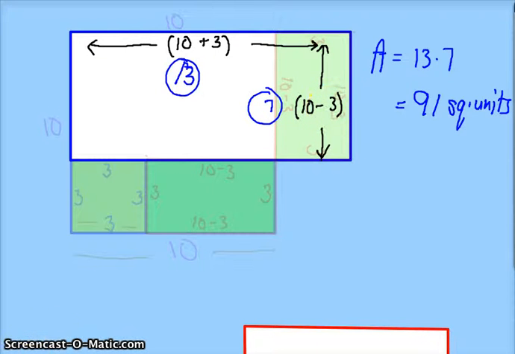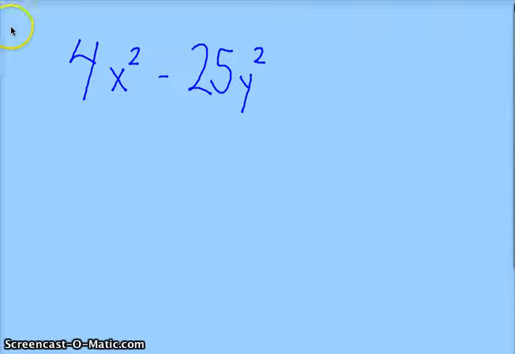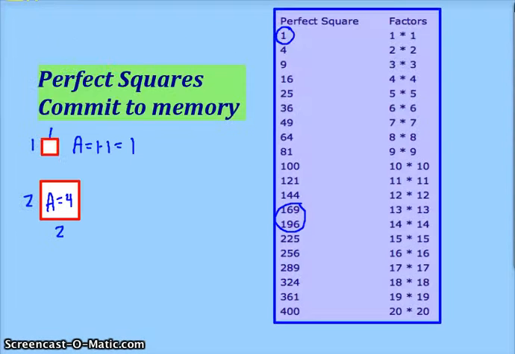All right, let's practice. So let's look at a few examples here. Example 1. I want to factor 4x squared minus 25y squared. Maybe this is the difference of squares. Maybe it's not. So as I said, it's very important to remember these perfect squares. I can see that 4 is a perfect square and 25 is a perfect square.